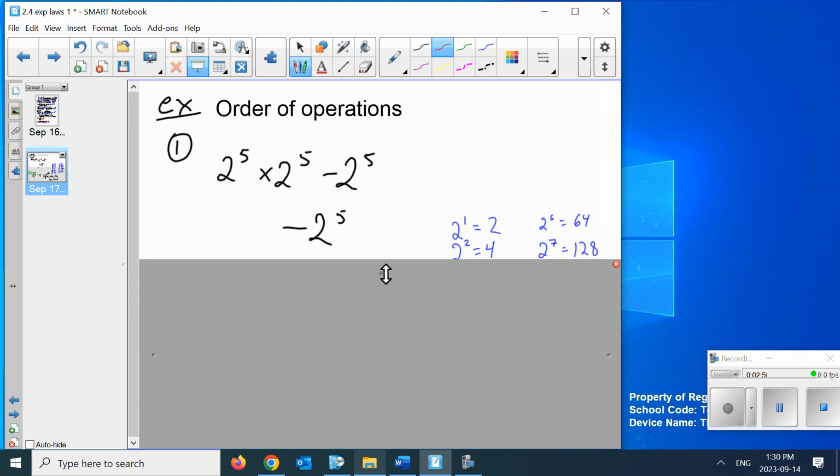According to BEDMAS, and we're going to know what to do with the exponents later, we're going to multiply before we subtract. So when I multiply 2 to the 5 times 2 to the 5, it is 2 to the 10. I'm going to do it this way. 2 to the 10.